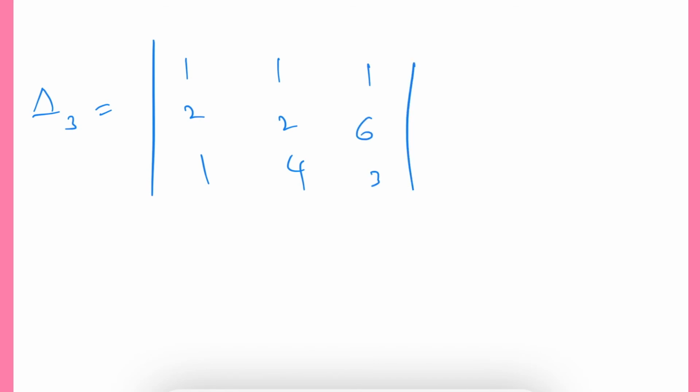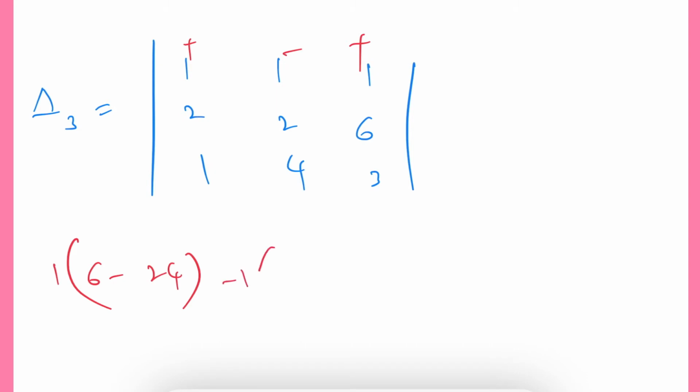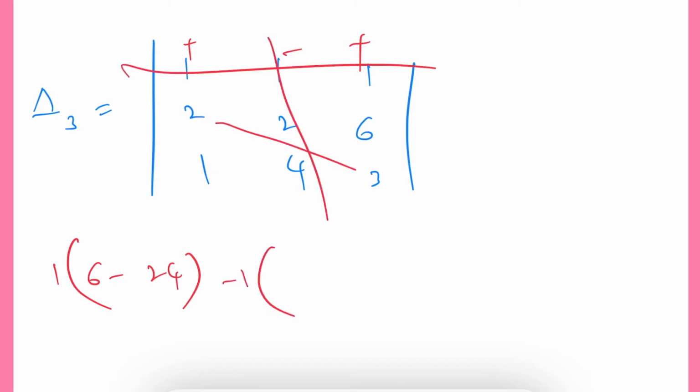Okay, let us find out the determinant for this also now. So this will become plus, it will become minus, and it will become plus. So first 1 into, if we remove the column and row, 2 3s are 6, minus 4 6s are 24. Then second element is minus 1 into 2 3s are 6, minus 1 6 are 6.